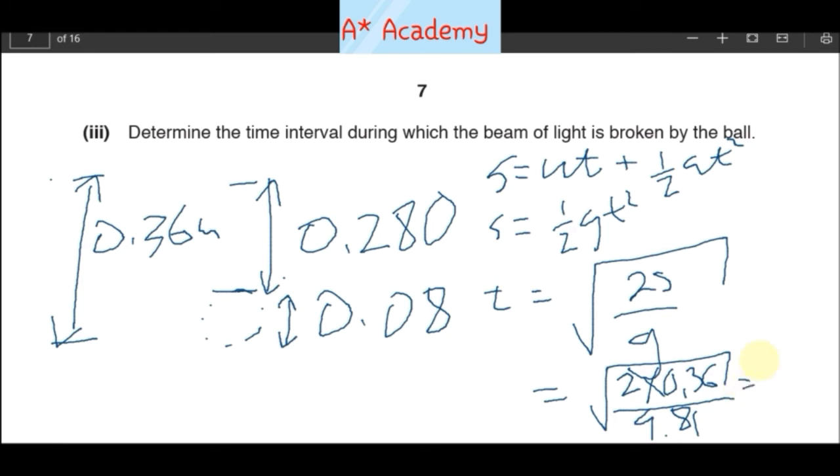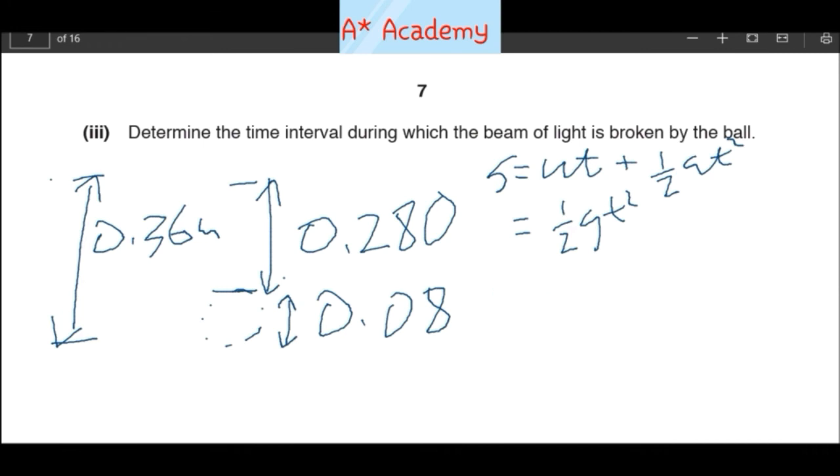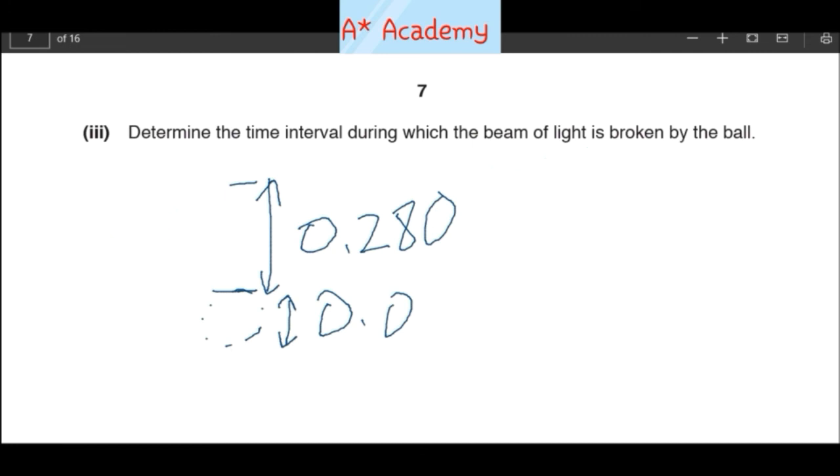If we input this into our calculator, we get 0.271 seconds. We keep this result and calculate the time interval.